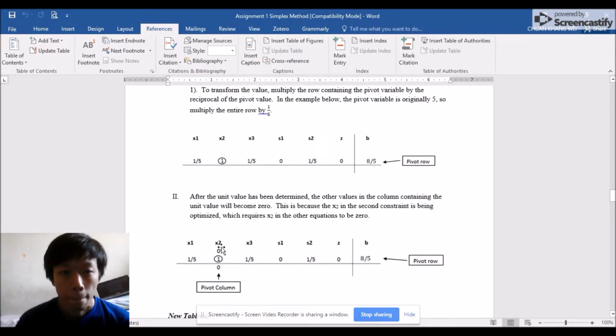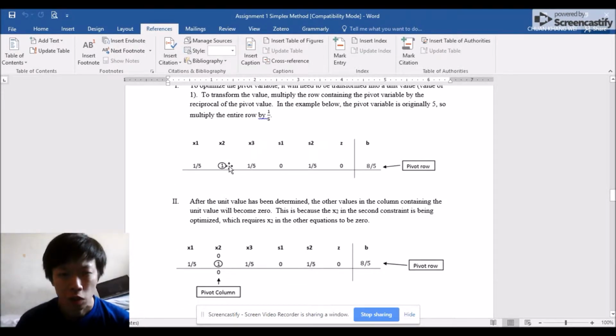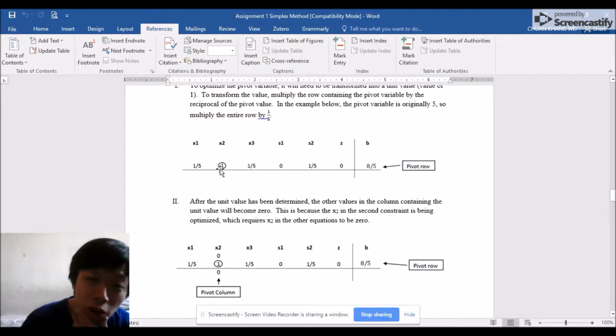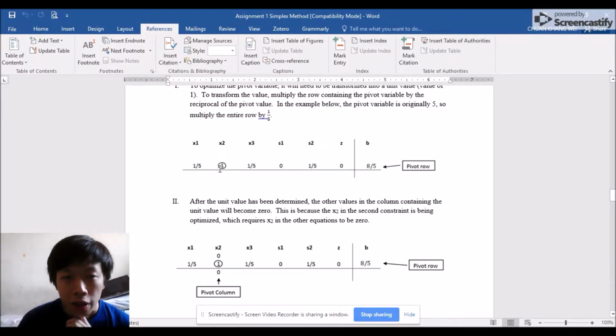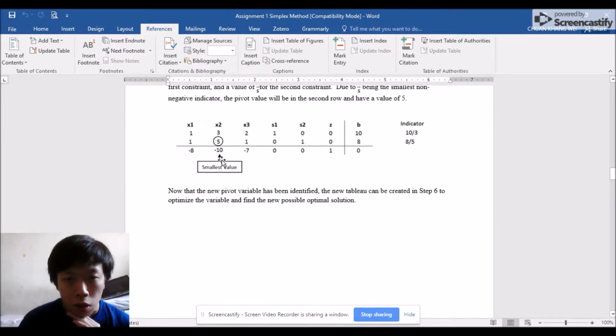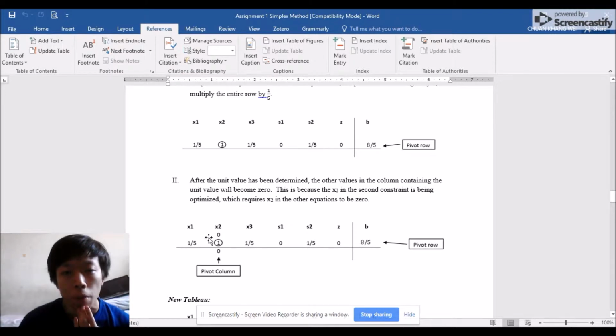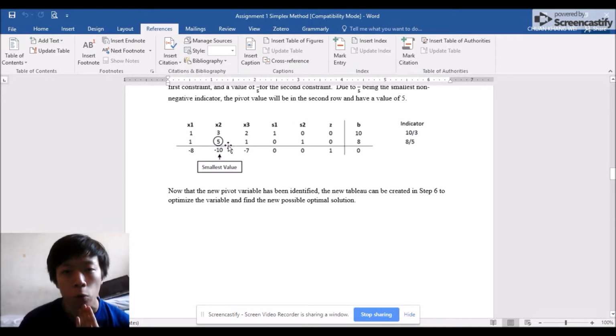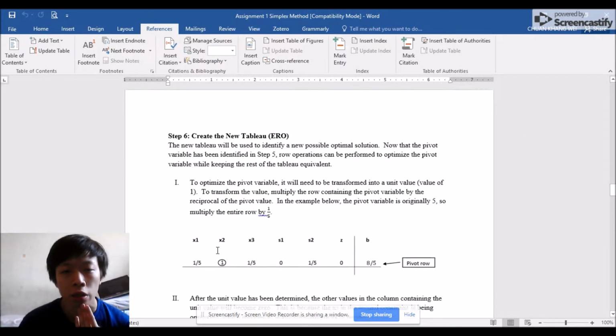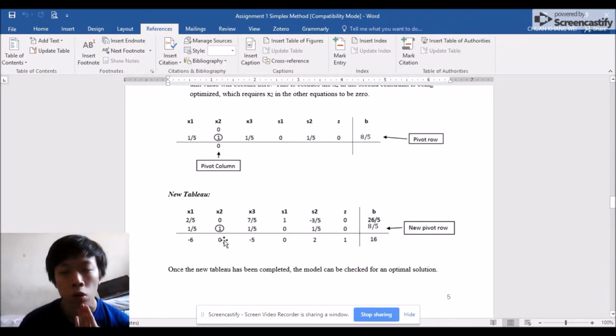Since the coefficient is 1 in x2, but the coefficient is 3 in the previous row 1, we need to multiply the pivot row by negative 3 and then add it with the initial row 1, and we will get the new row 1.